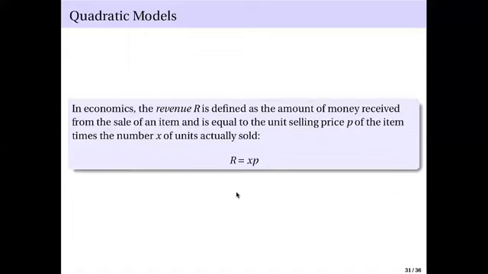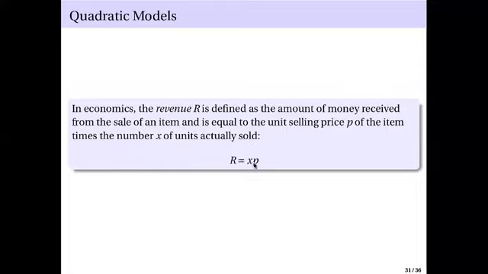Next problem here, let us again get some concepts from economics. In here, we borrow revenue from economics. The revenue R is defined as the amount of money received from the sale of an item, and this is equal to the unit selling price P of the item times the number X of units actually sold.